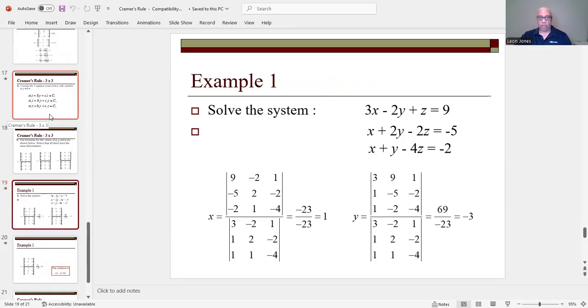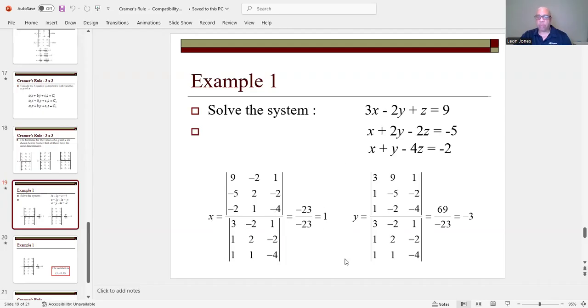Solve the system of equations. Here's how you do it. Now, what you would really do to get the numerator, I would actually write outside the last 2 rows, and I'd have a diagonal going this way and a diagonal going this way.